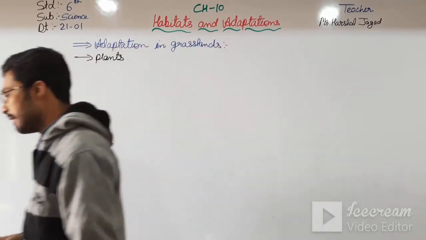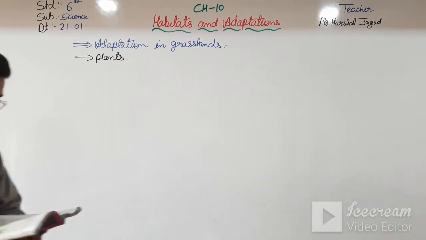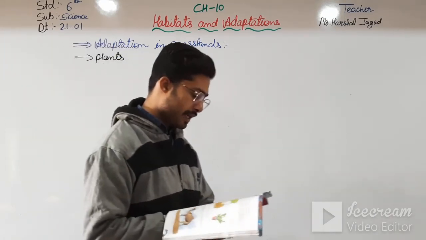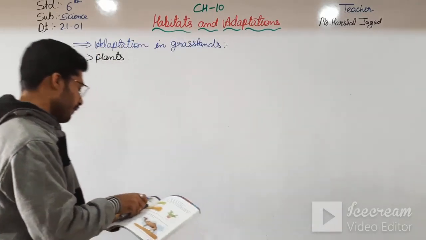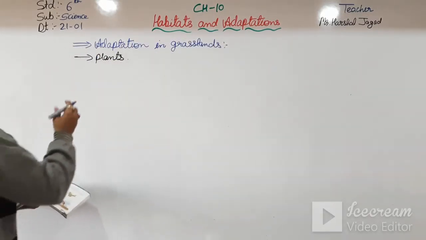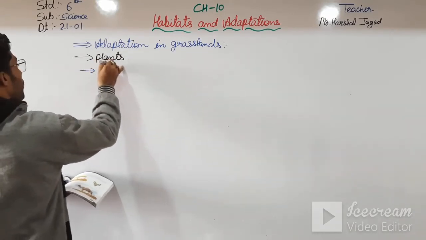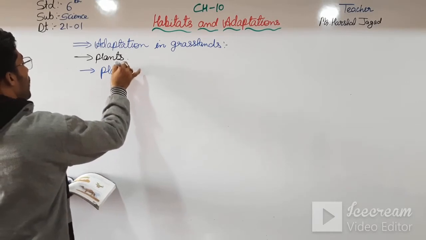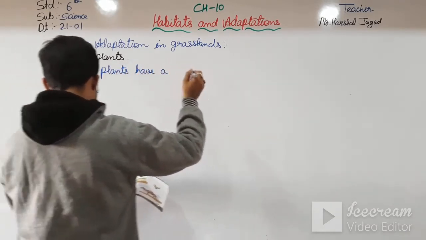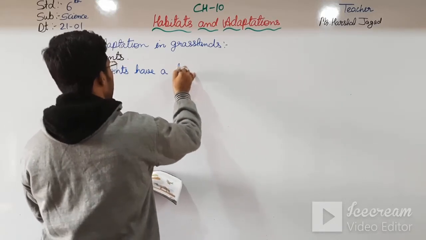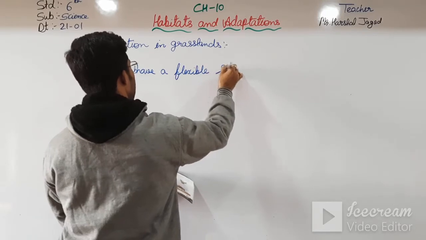Okay students, here plants have flexible stems which easily bend without breaking in strong winds. Here, first adaptation, that is, plants have flexible stems.